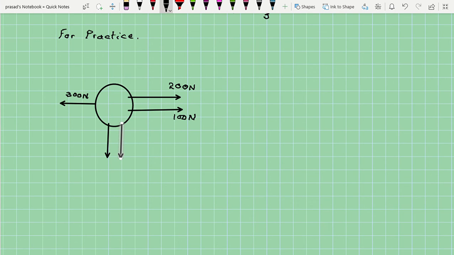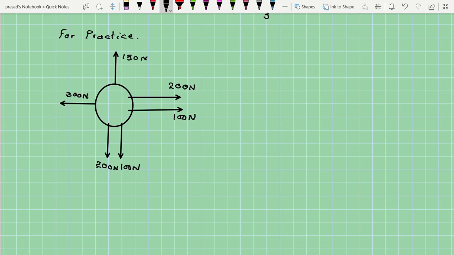So one force is of 200 Newton, other force of 100 Newton. And there is a single force that is acting in the upward direction, which is of 150 Newton.